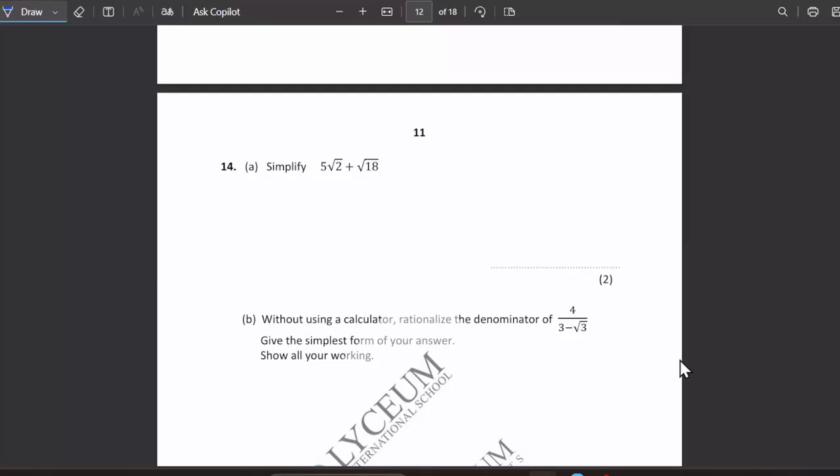So then we have to simplify this thing. We can write it as this. By looking at this 18, we can write 18 as 9 times 2. If there's multiplication or division inside a square root sign, we can make it as two different numbers multiplied, so root 9 times root 2.